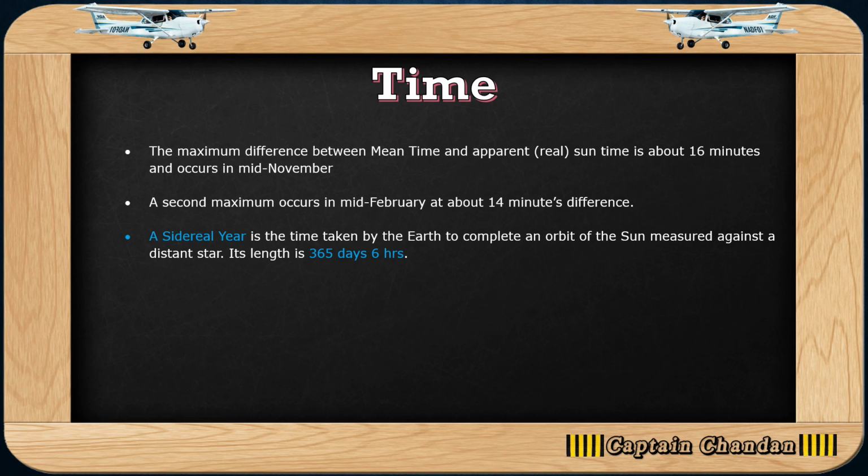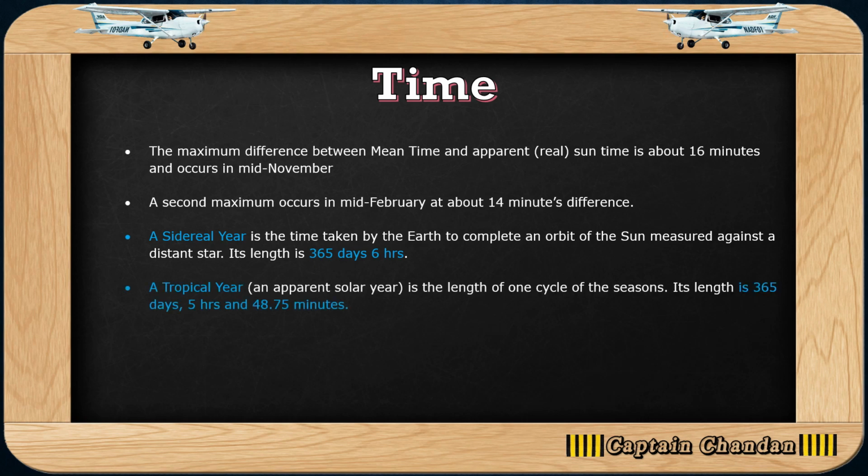Its length is 365 days and 6 hours. A tropical year is the length of one cycle of seasons. Its length is 365 days, 5 hours and 48.75 minutes. The Earth spins in an easterly direction, 360 degrees in every 24 hours, from west to east.